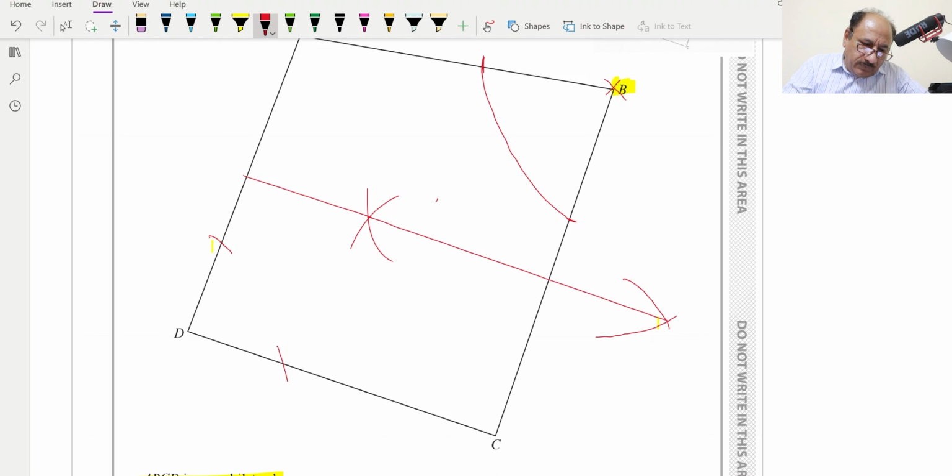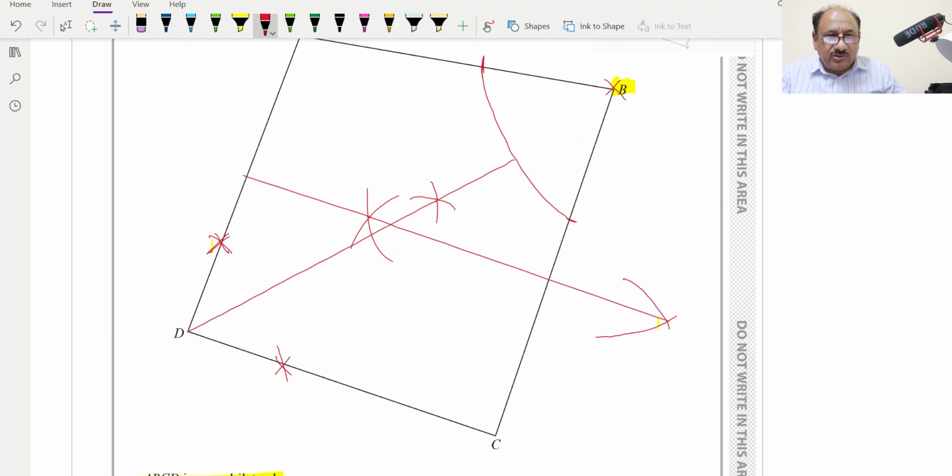Keeping your compass at this location, you can make one arc, and then with the compass over here draw the other arc, and then we can draw the angle bisector like this one.